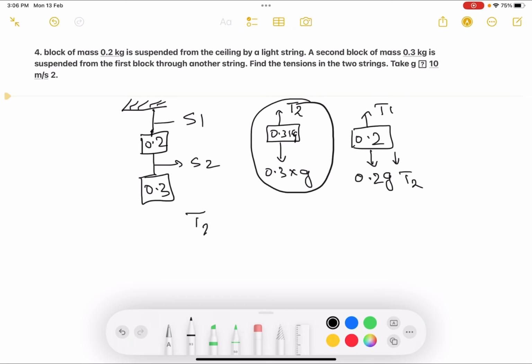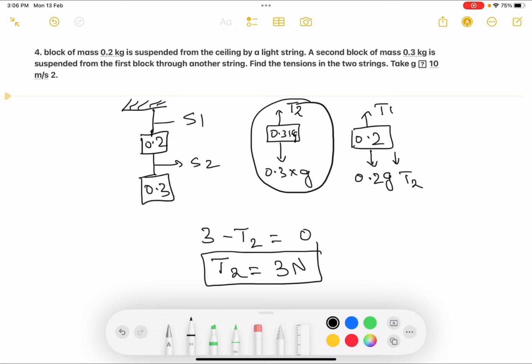Now let us use this to get the equations. For the second block, 0.3 g, g is 10, so 3 newtons minus T2 is equal to 0, which implies T2 is equal to 3 newtons. This is the first result that we get.